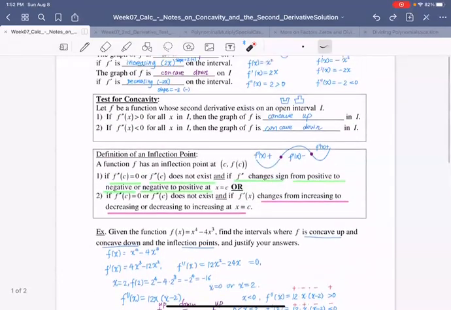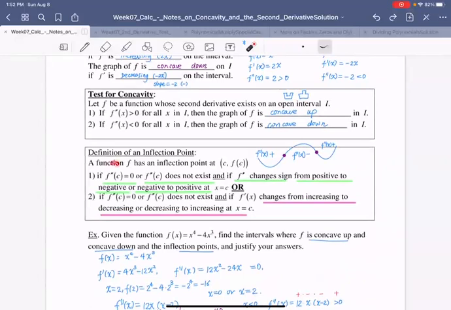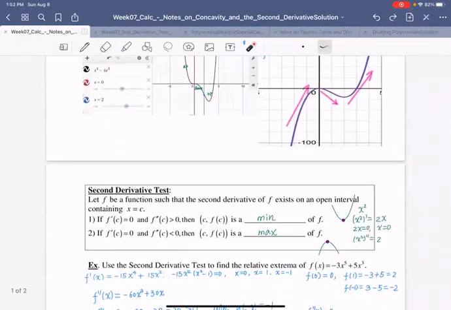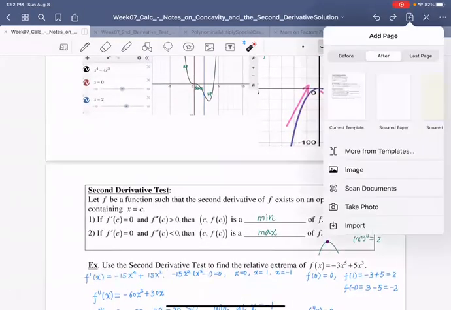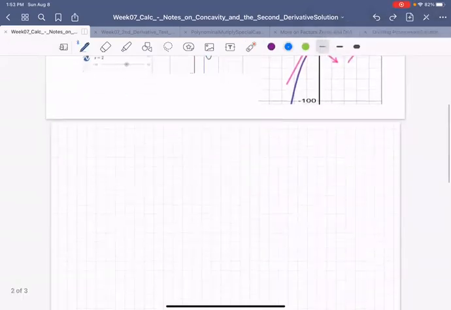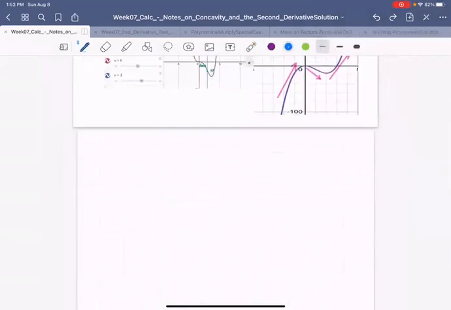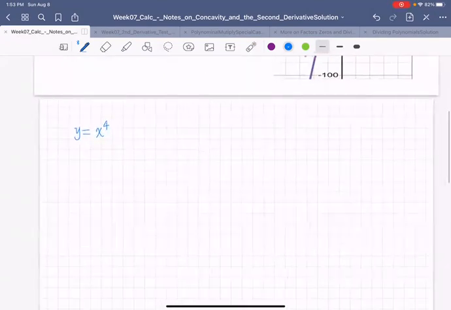So the question comes here. Why can't I just use this one to say, hey, as long as I find this equals 0, I can tell this is my inflection point? I give you a counter example, okay? So for example, we can just find a very easy one. y equals x to the power 4.